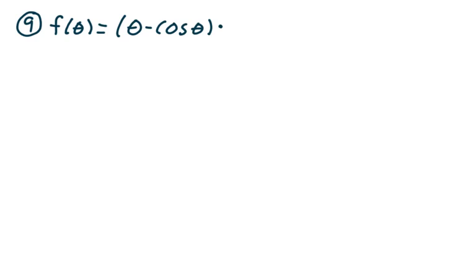Let's take a look at problem number 9. On problem 9, we have f of theta is theta minus cosine theta times sine of theta.